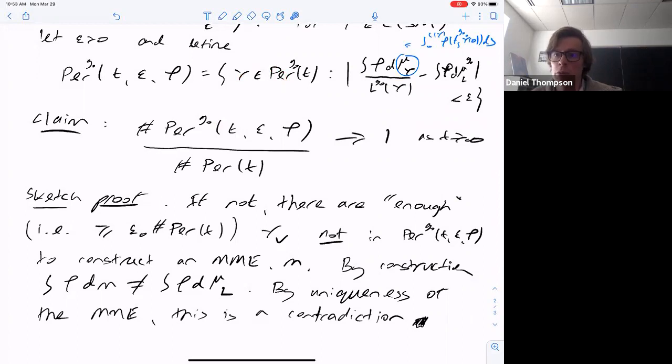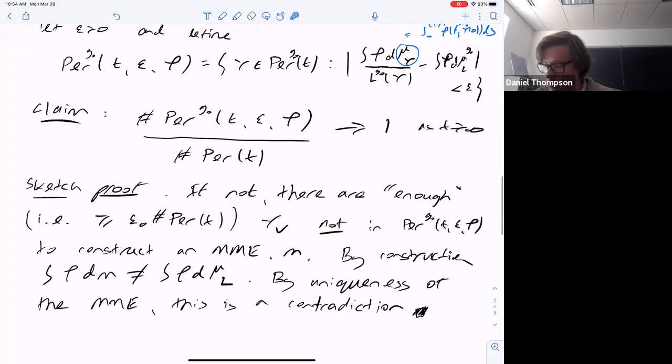Most times it wouldn't be true, right? We've really used all of our theory to get this statement, to get this typical behavior on a full proportion of the periodics. Okay. Any questions about this?